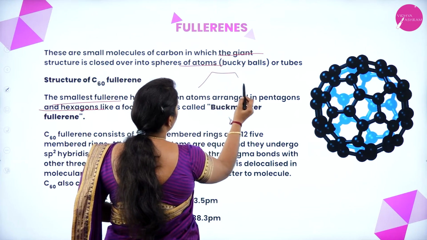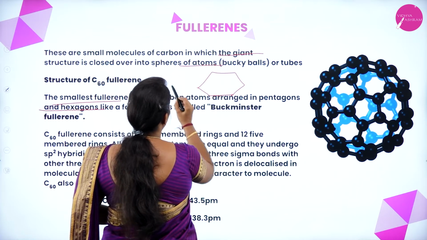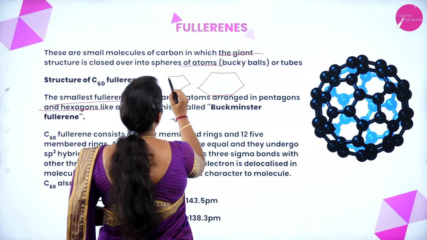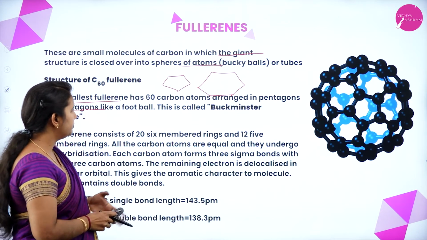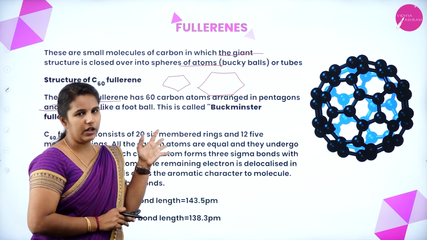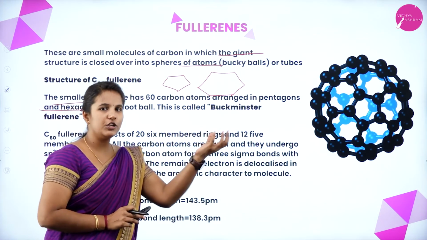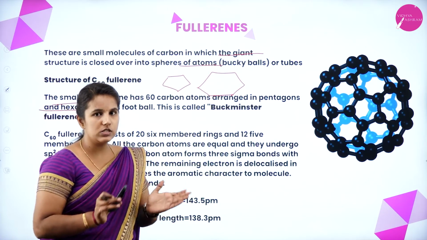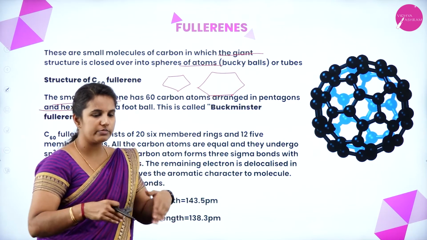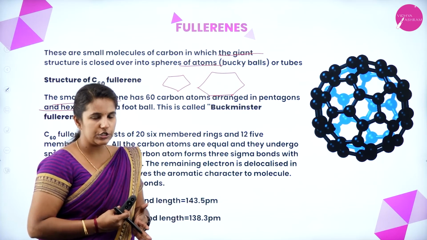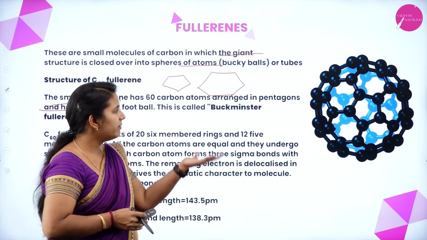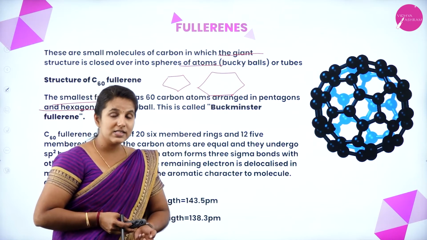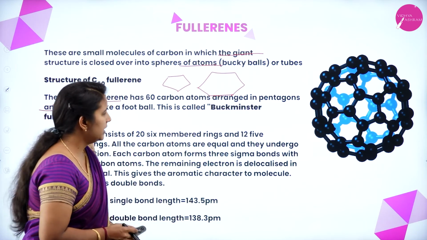Hope you have observed this in a football. Each hexagonal shape is bonded with other hexagonal shapes, and each pentagonal shape is bonded with other pentagonal shapes, which looks like the C60 fullerene structure.